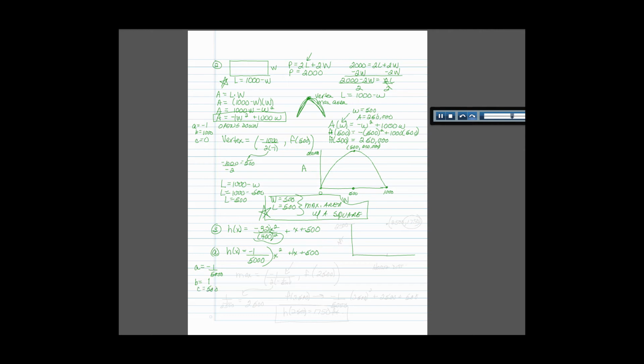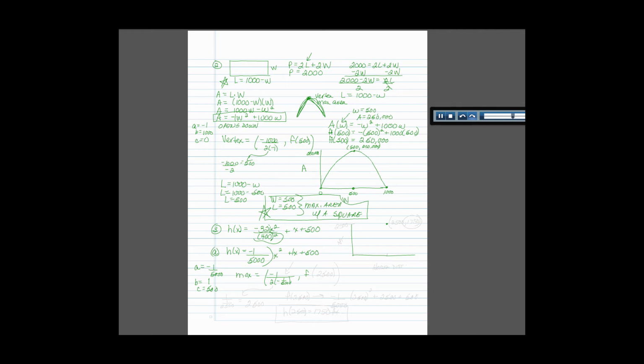So since it asked for the maximum height of the projectile, we know we're looking for the vertex. So what we're going to say is that the max, which is the vertex, is equal to negative b, negative 1, over 2a, 2 times negative 1 over 5,000, okay? And then f of all of that.